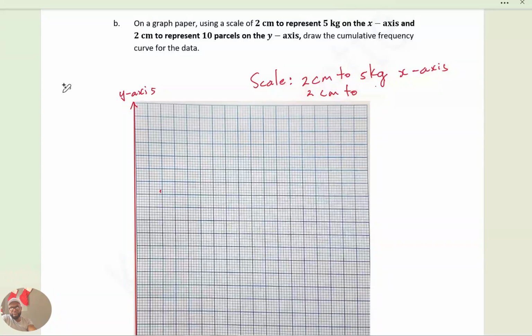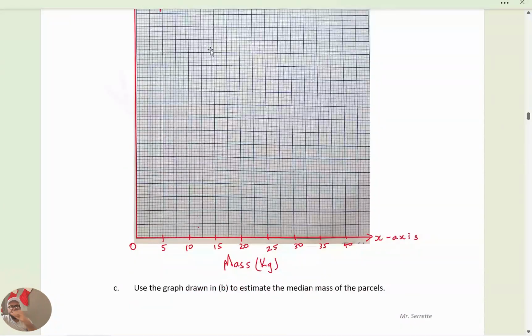And then 2 centimeters to 10 parcels on the y-axis. So we're going 2 centimeters to 10.